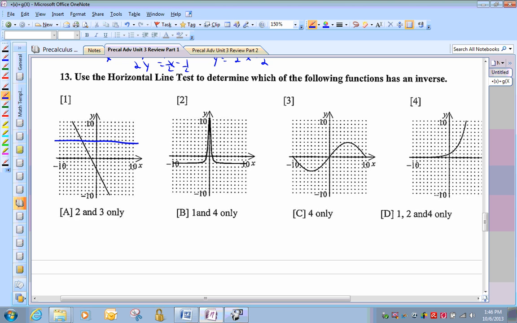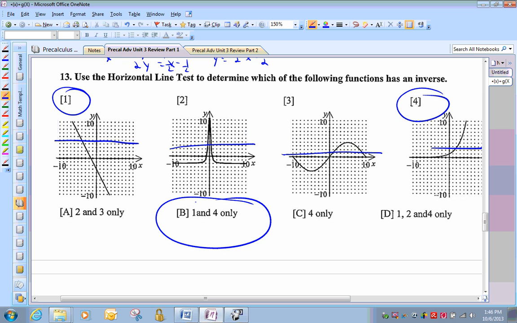So this would pass a horizontal line test. This would not pass. This would not pass. This would pass a horizontal line test. So it looks to me that 1 and 4 would pass the horizontal line test, and their inverses would also be functions.